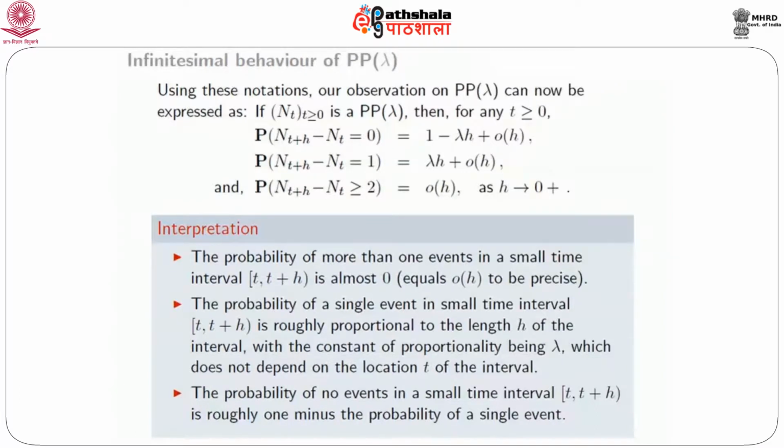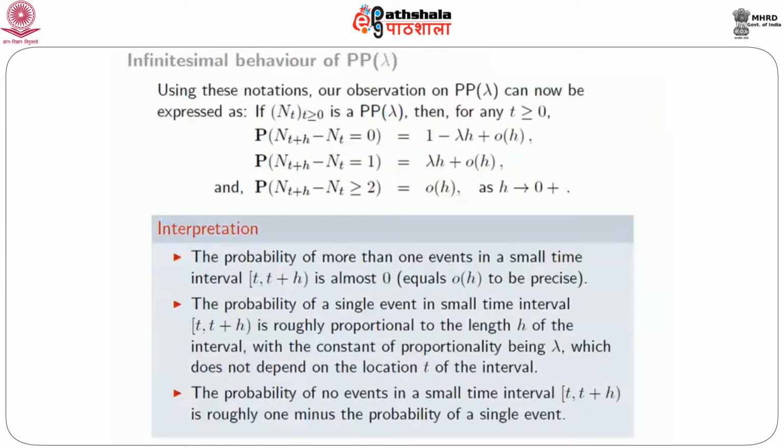Moreover, the constant of proportionality is lambda, which does not depend on t or h. It's a constant that doesn't depend on the location of the interval. Remember, the length of the interval is h, but the location of the interval is determined by t. So it does not depend on the location t of the interval.